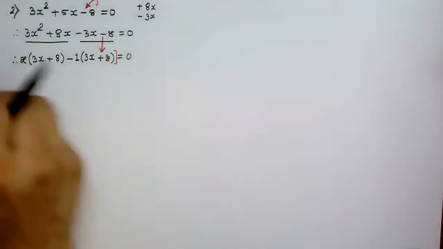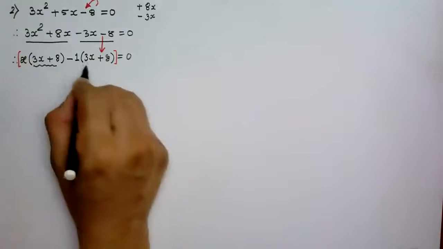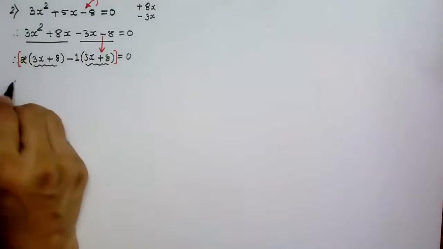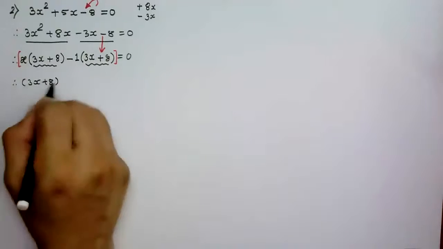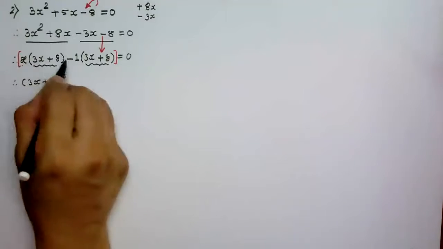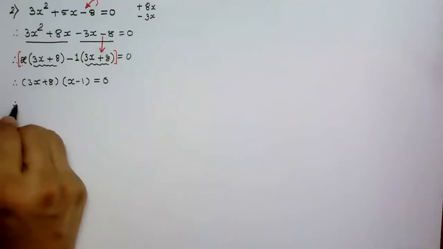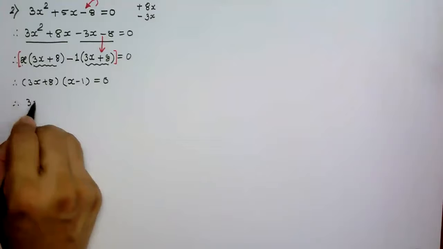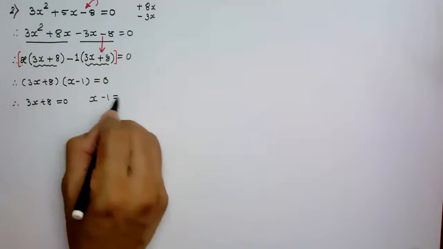Now, from this big bracket, this 3x plus 8 is common. So take it common. 3x plus 8. So what remains in the big bracket? That is x minus 1 is equal to 0. So the first bracket is equal to 0, or the second bracket is equal to 0.